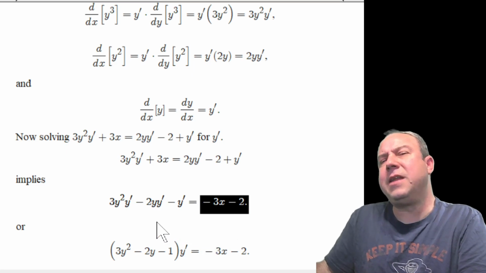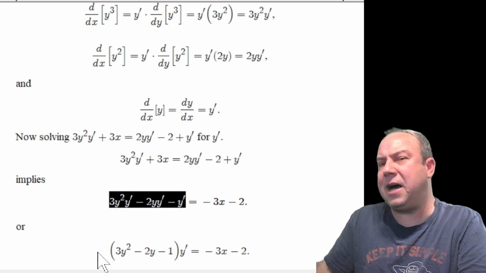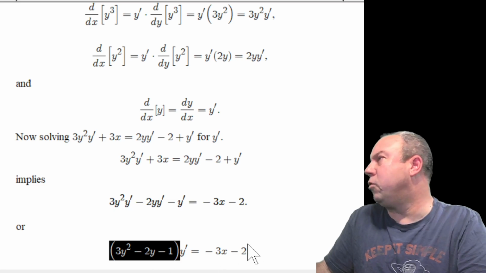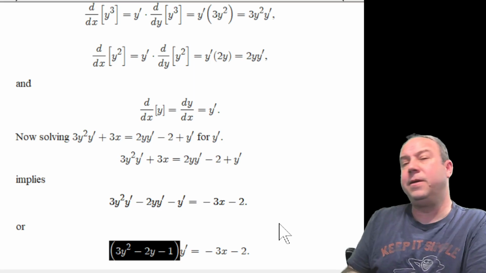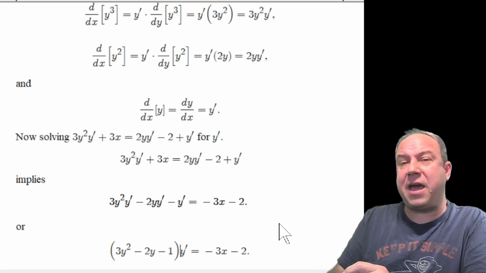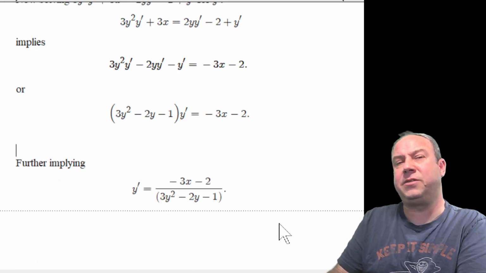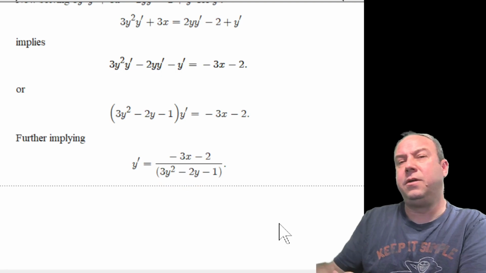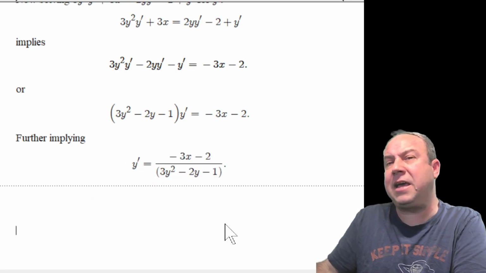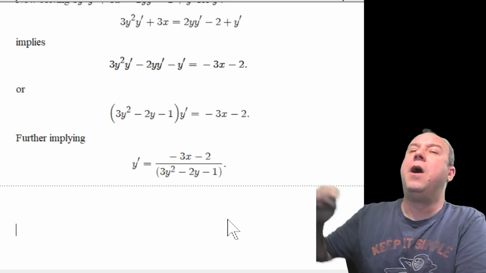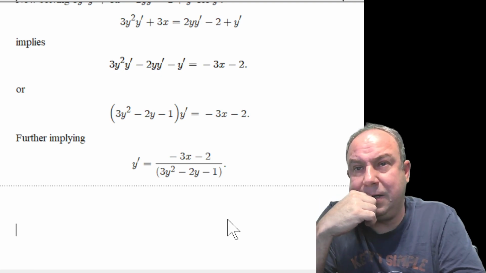All right. Now, with that order, I can now factor out a y prime on the left-hand side, leaving behind this group 3y squared minus 2y minus 1 times that y prime. Dividing both sides by that group, I can now solve for y prime. I get my solution, implying that y prime in this case is the implicit relationship given by negative 3x minus 2 all over the quantity 3y squared minus 2y minus 1.